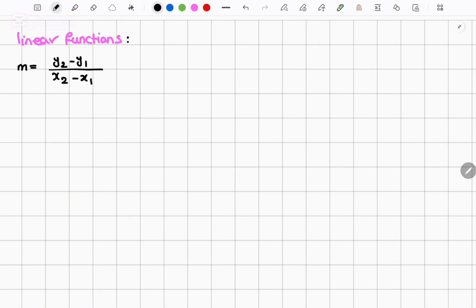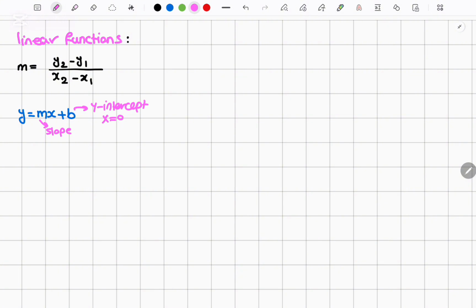Don't worry about it. So the next formula is y is equal to mx plus b, in which m is the slope and b is the y-intercept. And the y-intercept is a point in which x is 0, okay?